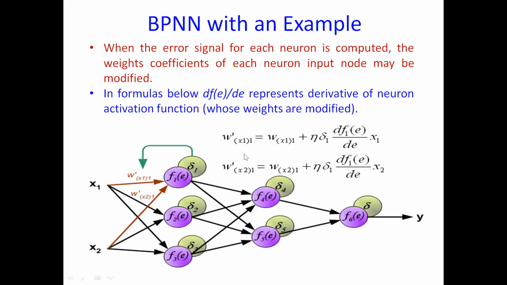As we know, the updated weights will be the current weight plus eta times del 1 times df1(e)/dx1, which is the derivative of the neuron activation function whose weights are modified.